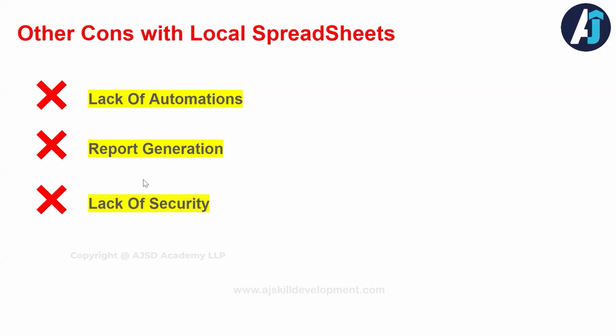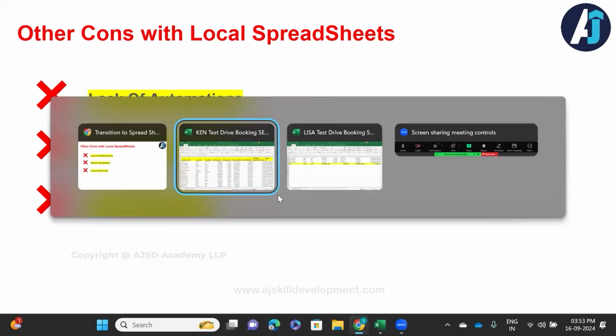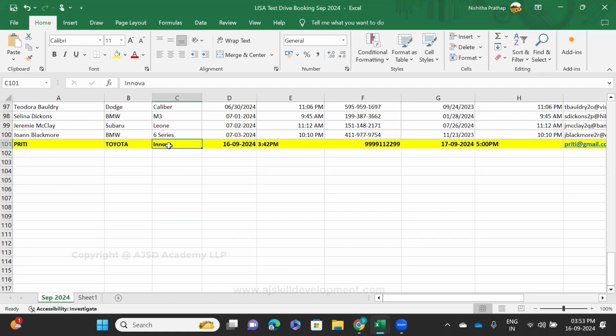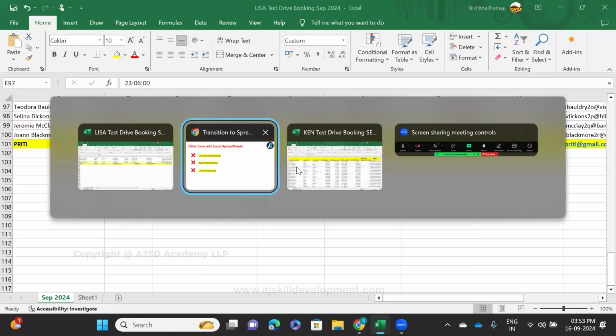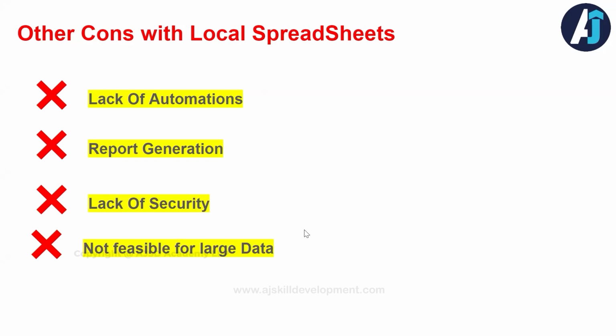And also the lack of security, it's also very important. So you can see here, I can go and change the data. If someone else is able to open Lisa's test drive booking sheet, they can easily go and edit her sheet and change the information. Okay, security is also not available, and it is also not feasible for large data.